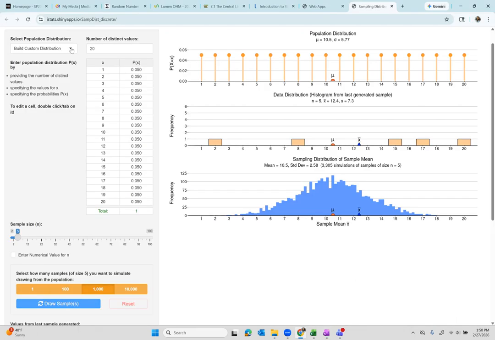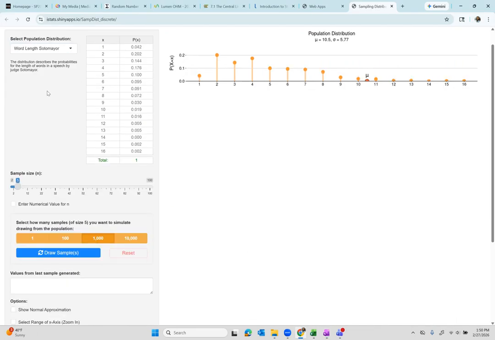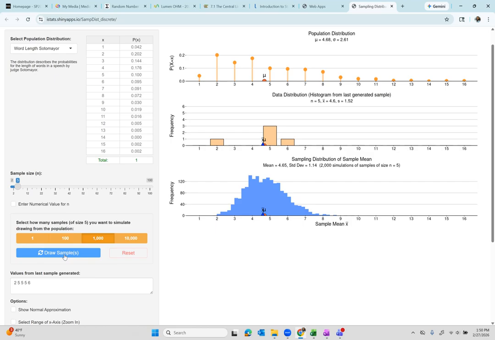So earlier when we did the word length of Sotomayor, this was definitely skewed to the right. And when we drew samples of whatever size, it doesn't matter, size 5 or size 20, we still got a bell-shaped distribution. It didn't follow the distribution of the population.